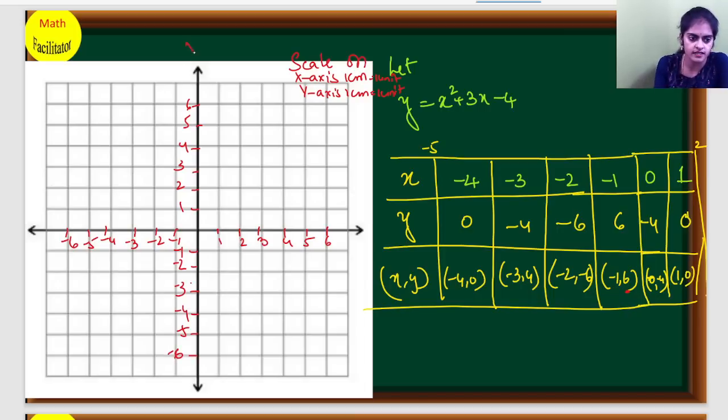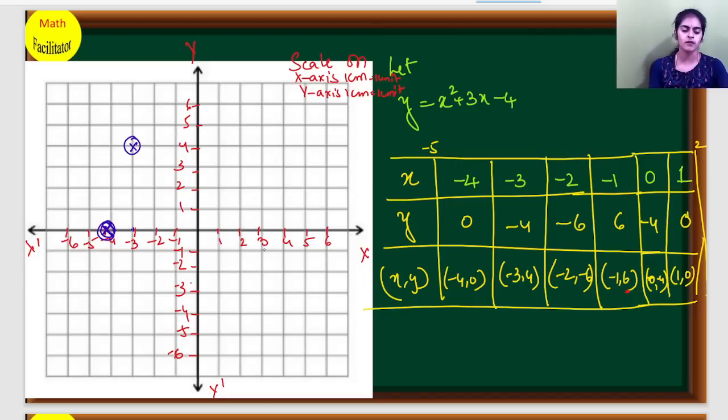So now this is the y-axis, this is the x-axis. Now let us take the points. The points are minus 4 comma 0. So minus 4 on the x-axis, 0 on the y-axis. This is the point. Minus 3 comma 4, minus 3 on the x-axis, 4 on the y-axis. So minus 3 here and 4 here. So this is the point.